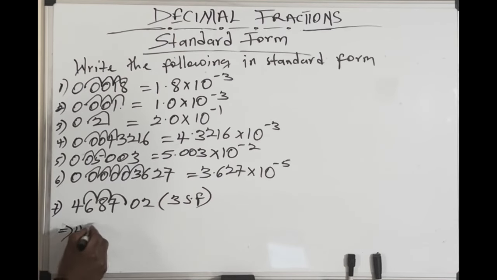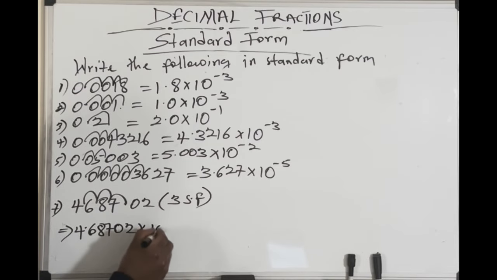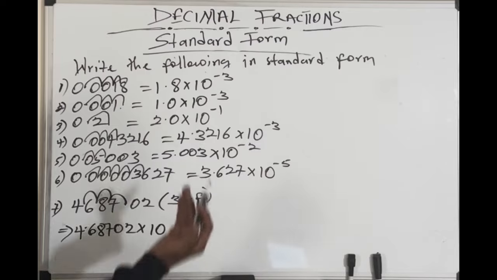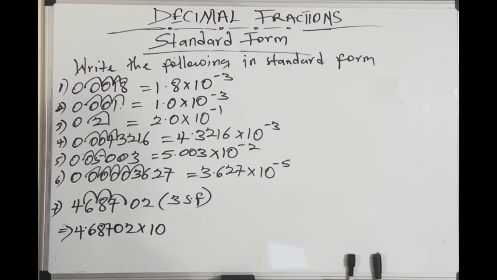So 4.68702 times 10. Remember that to the left is always positive. Moving to the right is negative. This time around we move to the left, so it will be positive. How many times do we move? 1, 2, 3. So positive 3.